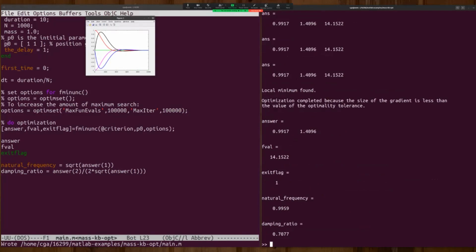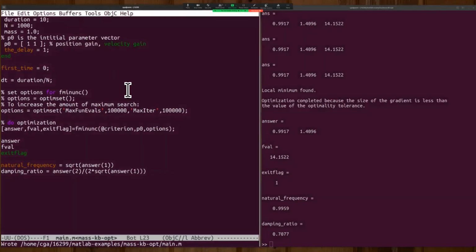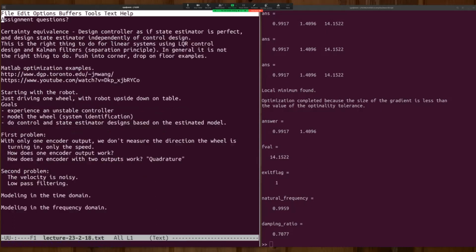A position gain of roughly 1 and a damping ratio of 0.707. Okay, so that worked. Any questions on that? All you have to do is unmute, ask away.